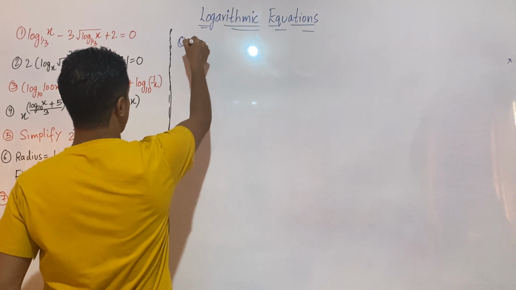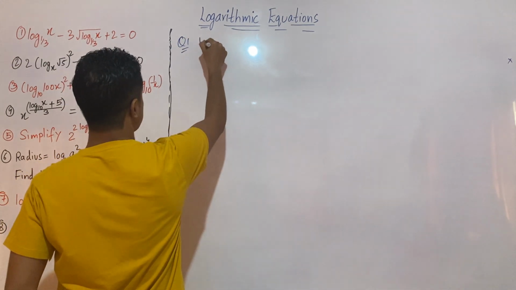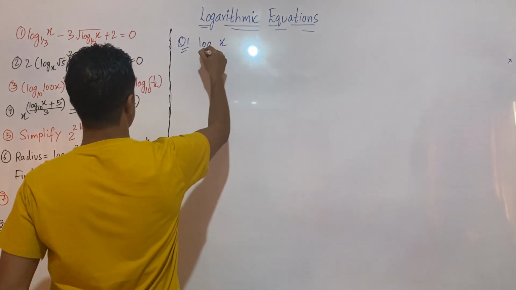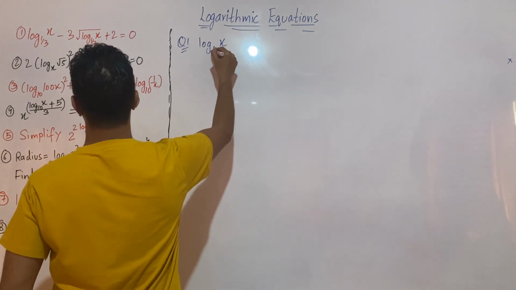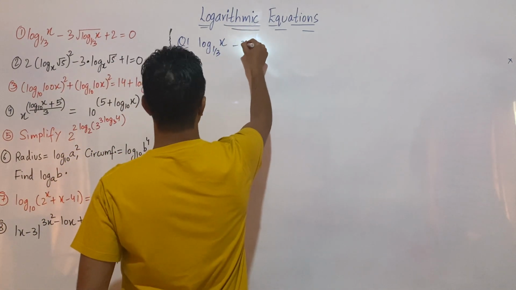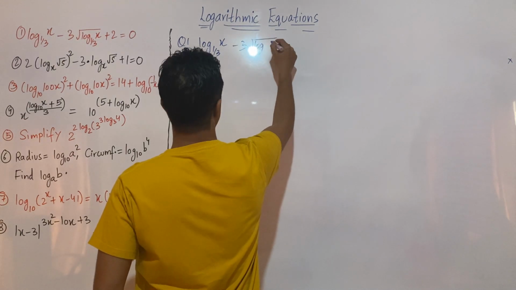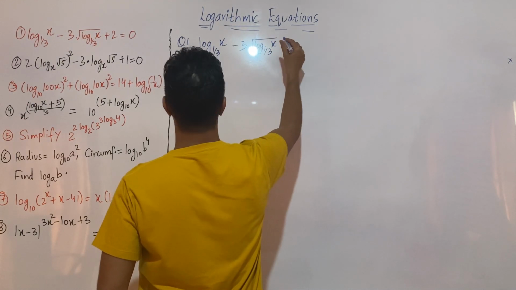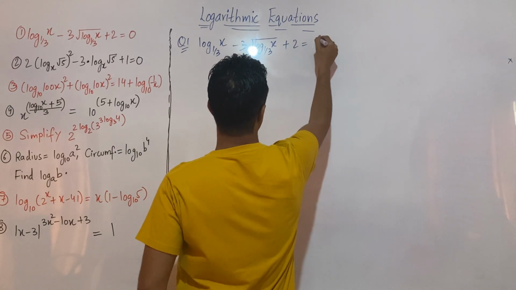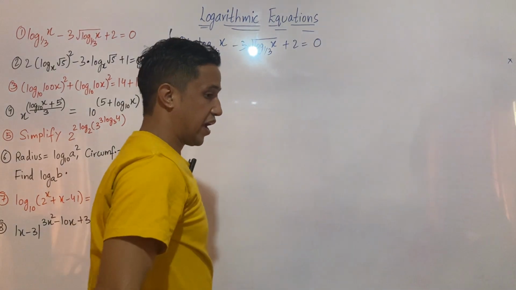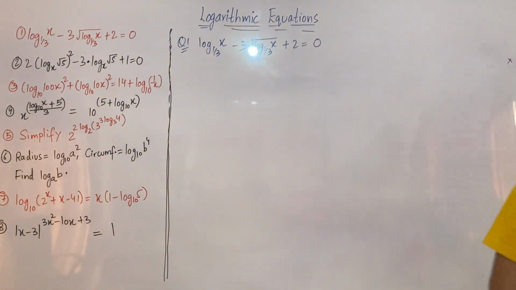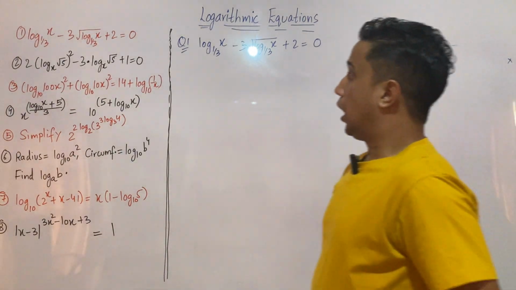So question number 1 says that log x to the base 1 by 3 minus 3 root of log x to the base 1 by 3 plus 2 equals 0. We have to find the value of x.